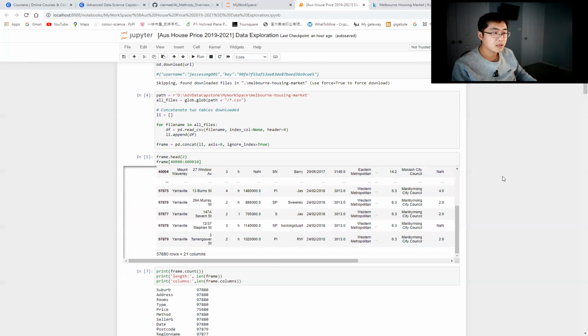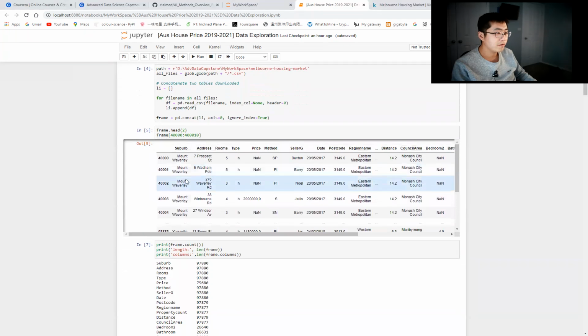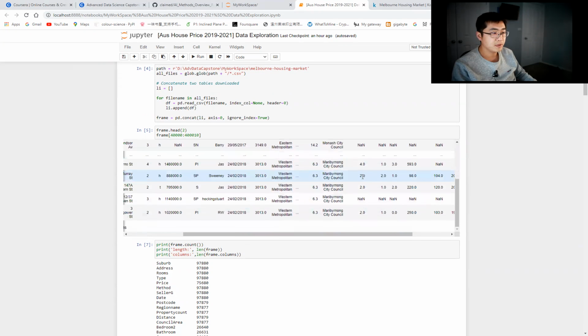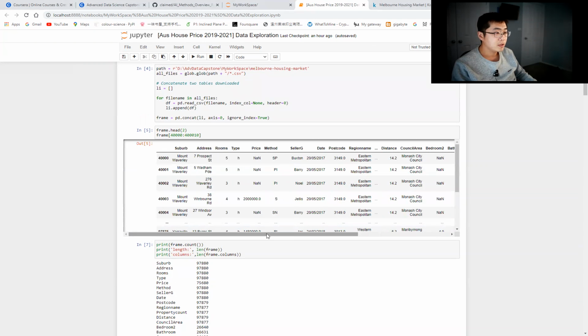So let's see what other information we have here. We have the suburb of the property, and the address, which will be used as the primary key of the data, and the rooms. I think basically they are the same number as the bedrooms. And type refers to what kind of property. Say they are houses, townhouses, and units of apartment.